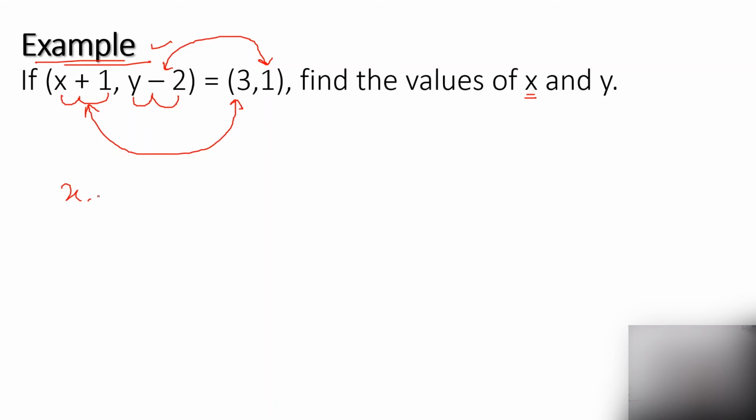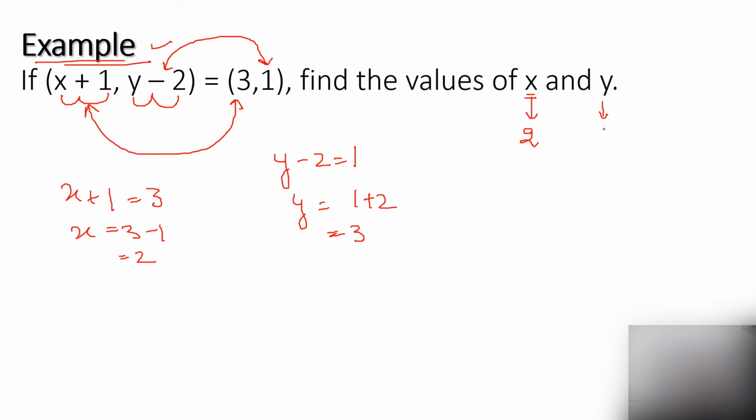It means x plus 1 is equal to 3 and y minus 2 is equal to 1. From here we can derive x is 3 minus 1, that is 2, and y is equal to 1 plus 2, that is 3. Therefore, the value of x is 2 and the value of y is 3. These are two answers.